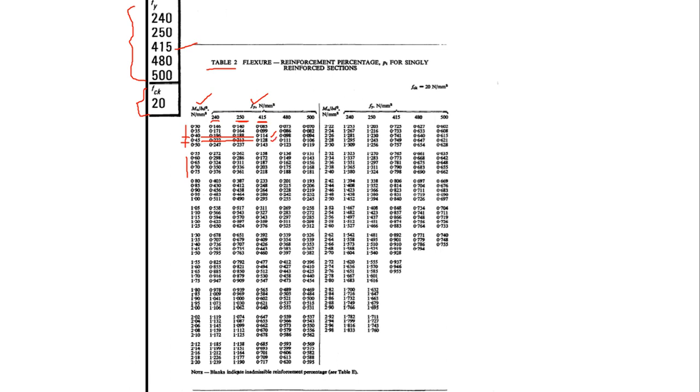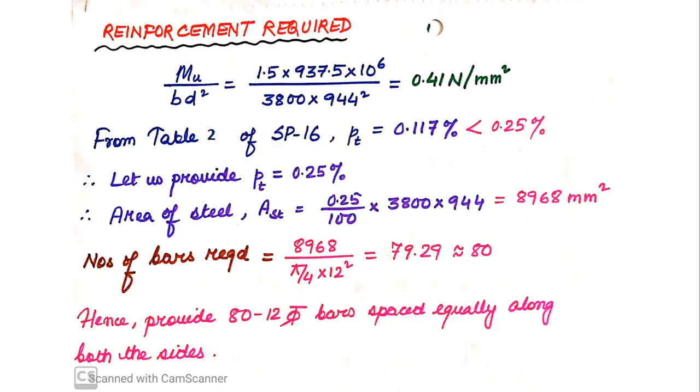So our value will be in between these two values. If you interpolate, the value turns out to be 0.117%.